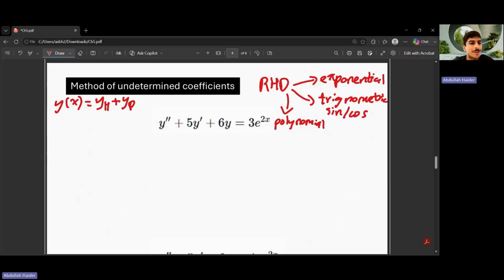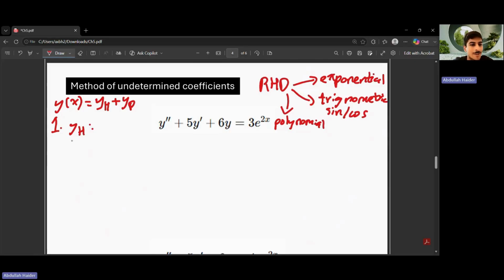But now we will add onto it yp, which is caused by the exponential. So first of all, we always find the homogeneous solution, which is this equation equals to 0.